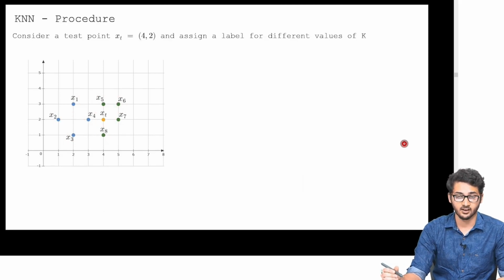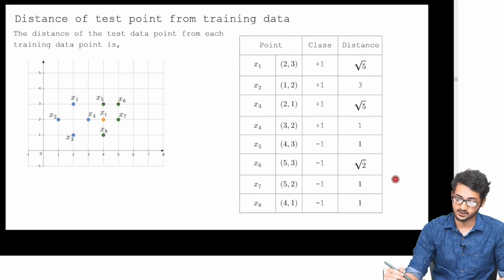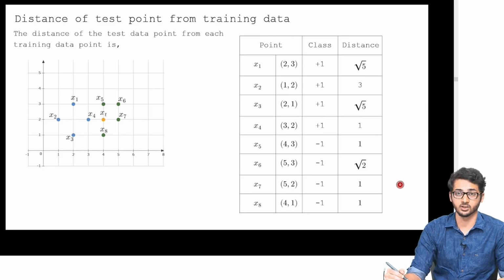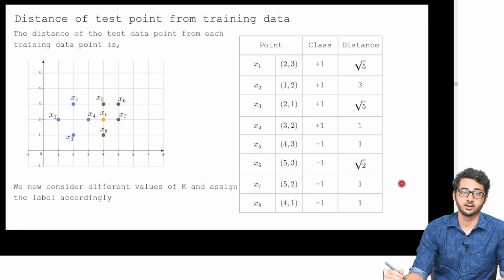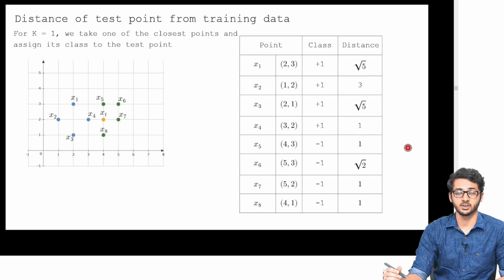Now let us consider another test point (4, 2), and again as we have done so far, for different values of k, let us try to assign a label. We have a table containing the distance of the test point with all other points, and now depending on the value of k, we are going to assign a label. First we take the case of, say, k equal to 1.